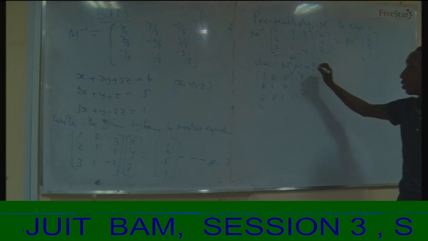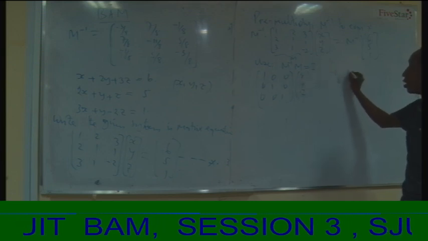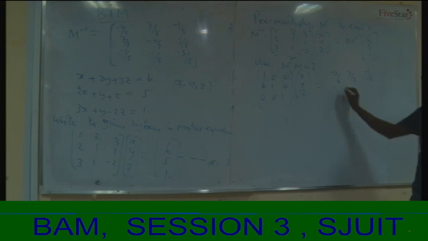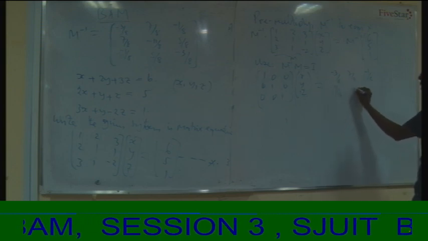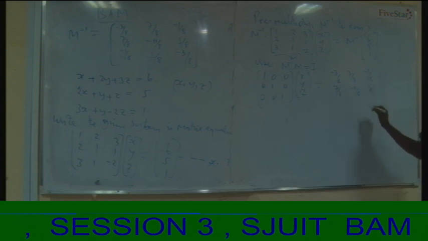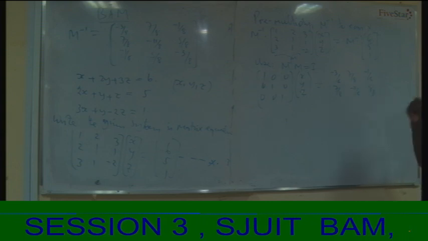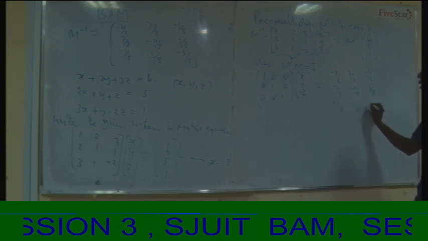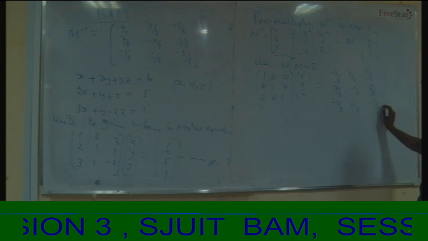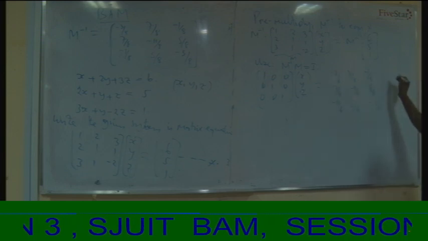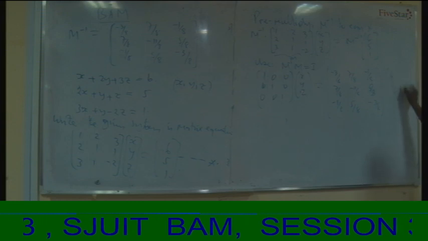Negative 3 over 8, 7 over 8, negative 1 over 8, 7 over 8, negative 11 over 8, 5 over 8, and negative 1 over 8, 5 over 8, negative 3 over 8. Then multiply by the 3 by 1 matrix, 6, 5, 1.